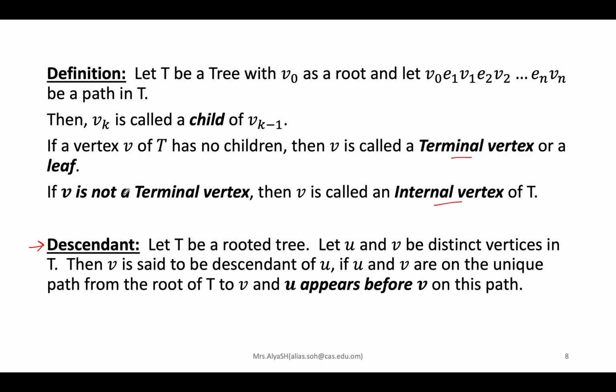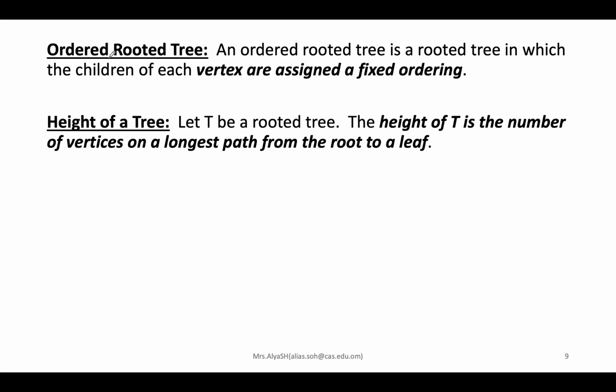So descendant is when I have two vertices, where U appears before V. An ordered rooted tree is a rooted tree where the children are assigned in a fixed order. And we will see this in our type, which is the binary tree.